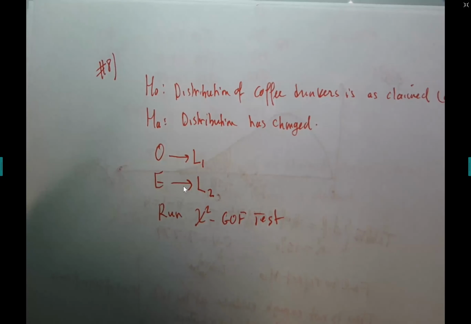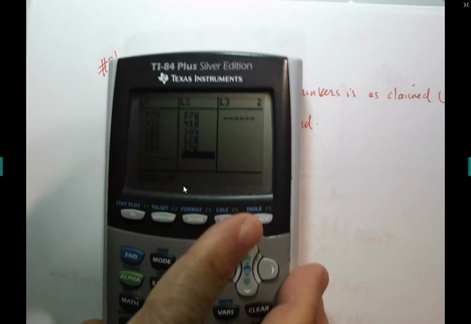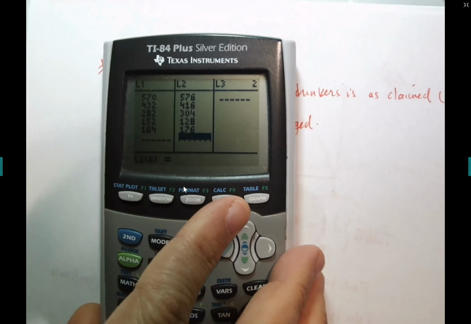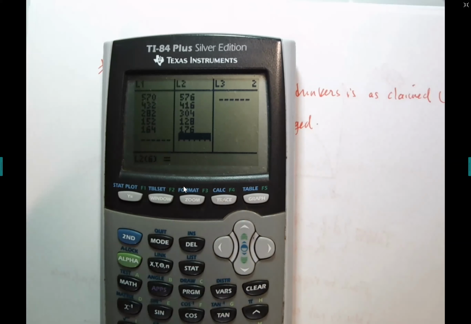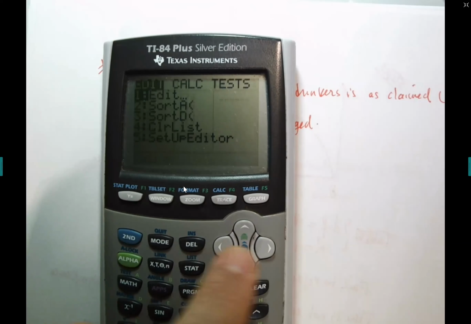And let's run the test, guys, now. When you do your homework online, and you need help on how to find the test statistic, it's gonna show you the steps just like I did it by hand. But feel free to put your observed values in L1, expected values in L2, and run the GOF test. It's gonna give you the results.